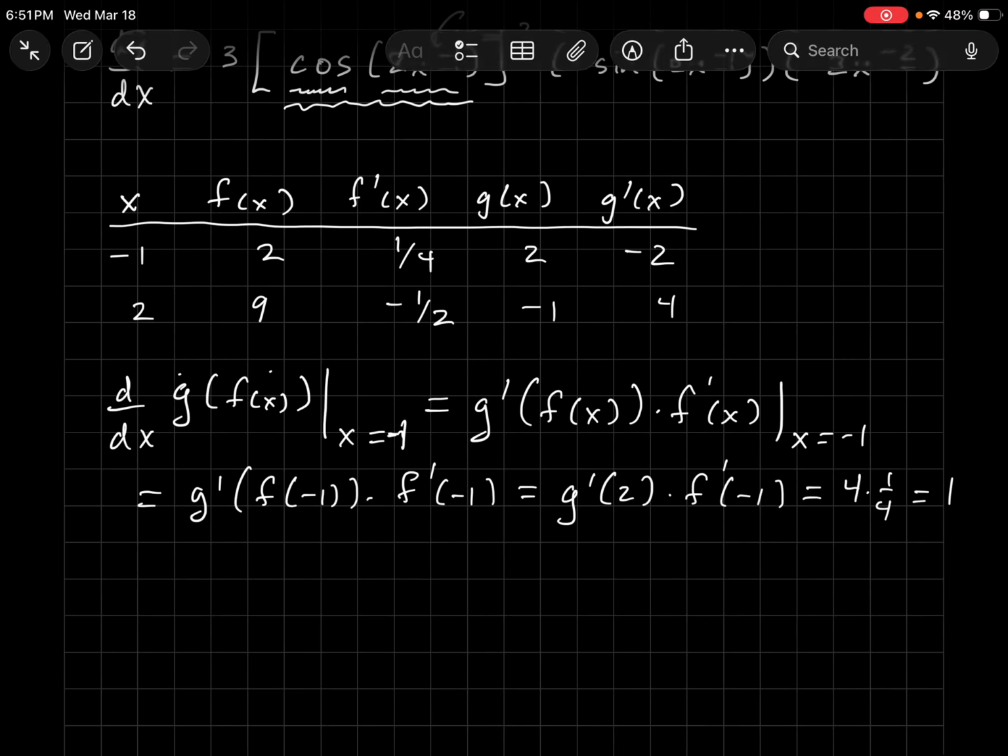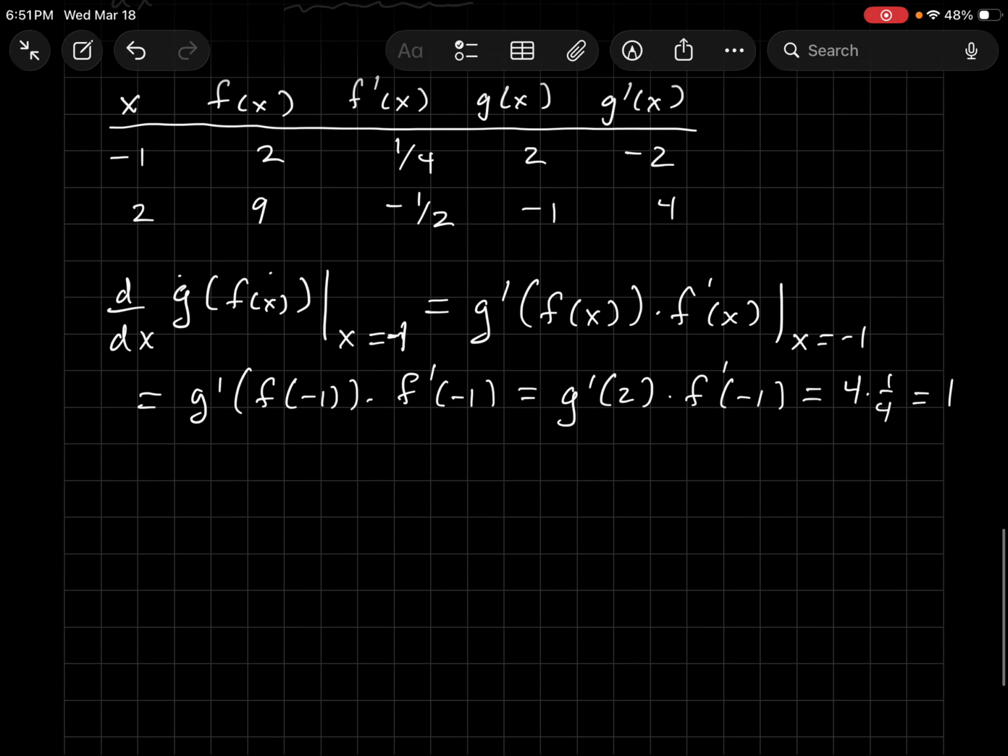Let's do one more using this table. Let's find the derivative of the square root of f of 2x at x equals 1. You might recognize that I'm going to do a chain rule inside a chain rule because I have a big outer function, the square root, and inside I have another outer function and an inner function, like that.